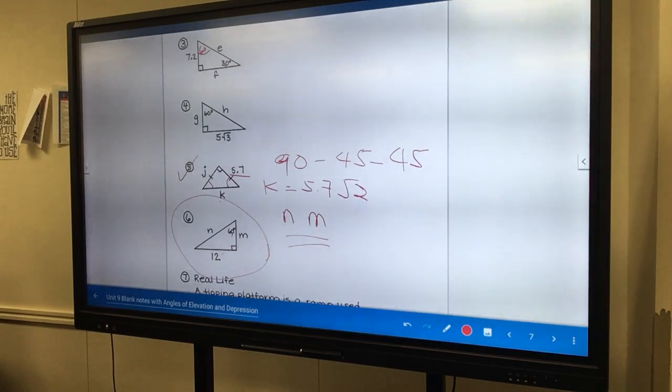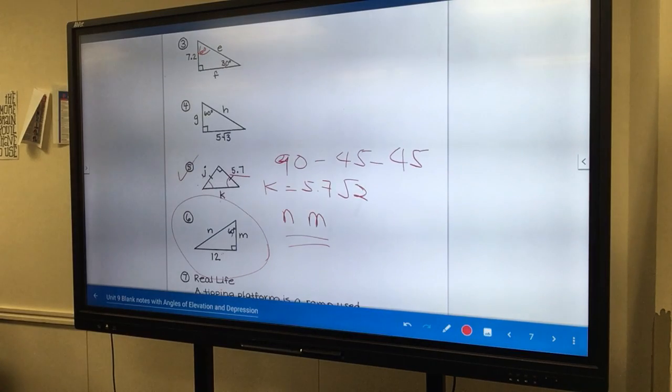What is the relationship between this and this? Divided by 2? No, that's not the relationship. This is not the hypotenuse. This is the hypotenuse. If we were given this side, then you divide by 2. You are given the other side. You see? Multiply by 2 or what?